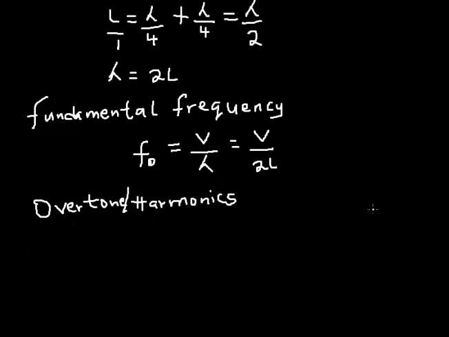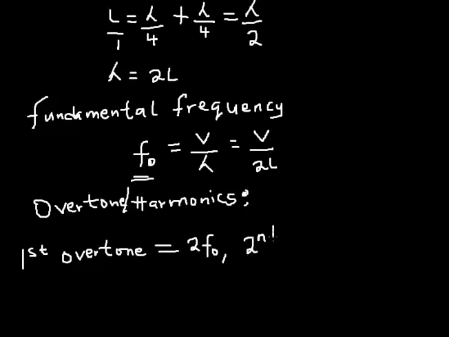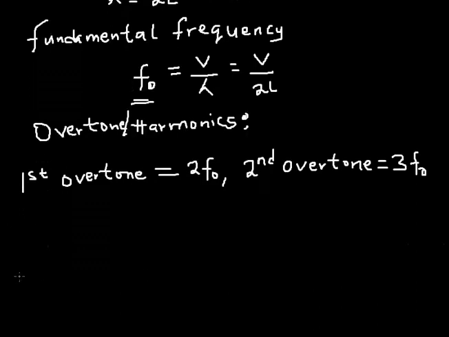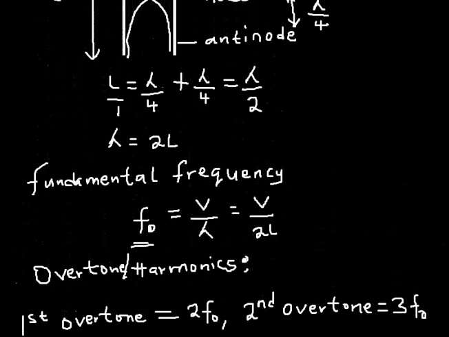In the case of an open pipe, the overtones are related to the fundamental frequency by integer multiples. So it's not skipping any number, all integers are possible. The first overtone is going to be 2 F0, the second overtone will be 3 F0, the third 4 F0, then 5 F0, 6 F0, and it goes on and on. I hope that is well understood.